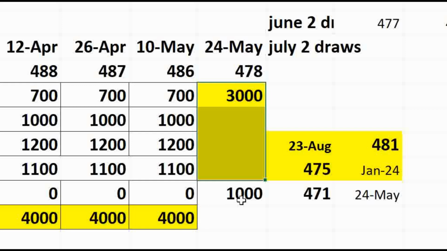That means the cutoff score will be lowered by only half point in one draw, and for lowering a cutoff score by 1 we need 2 draws, and for lowering a cutoff score by 5 we need 10 draws. 10 draws means another 5 months. So if we calculate from August onwards, September, October, November, December, we get January 24 as the date for the cutoff score to reach 475.